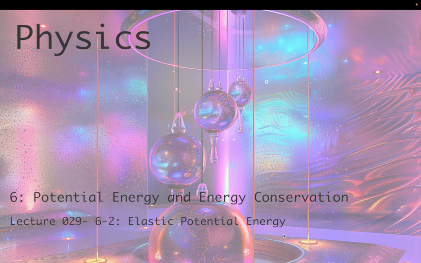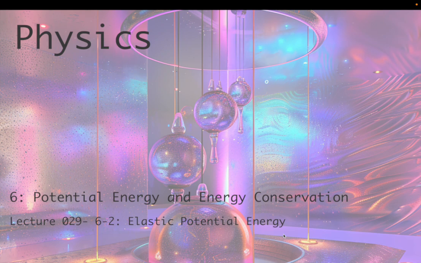And in this section, we're going to continue with our exploration of potential energy by discussing another type of potential energy, in this case, elastic potential energy. A lot of the derivations and the notions that we arrive at in this section will mirror what we talked about in the previous section, gravitational potential energy.